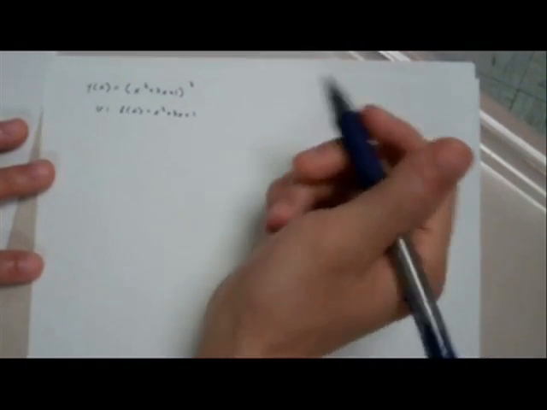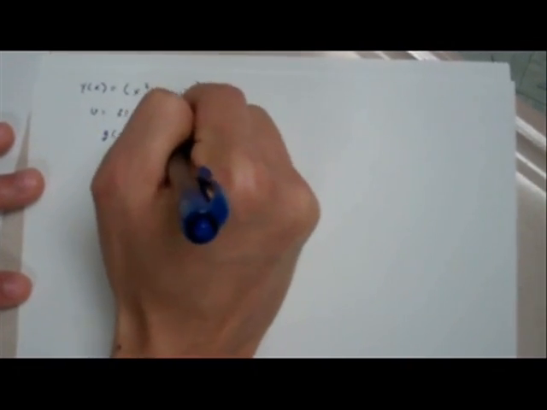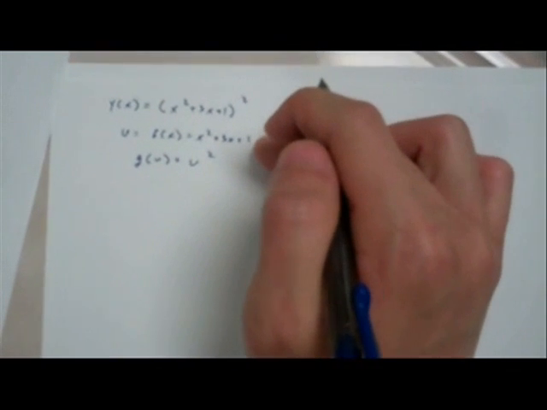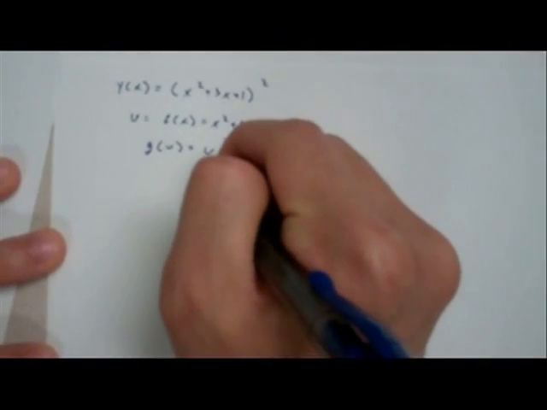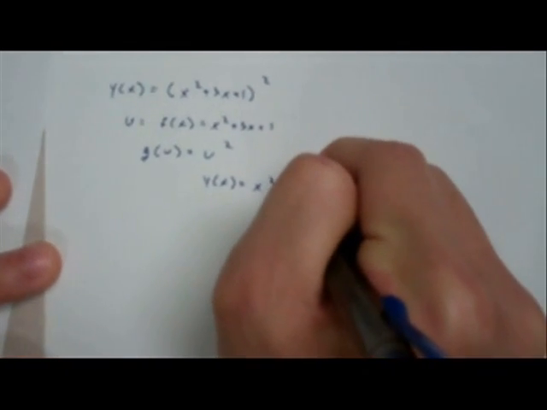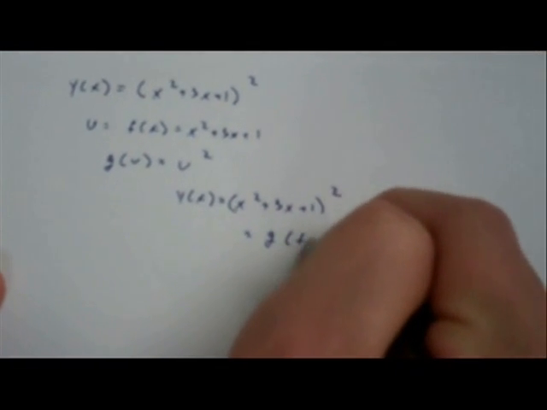Then we plug this into another function, g of u, which is equal to u squared. Because we're plugging the original f of x into u, we now get y of x equals x squared plus 3x plus 1, all squared, or g of f of x.